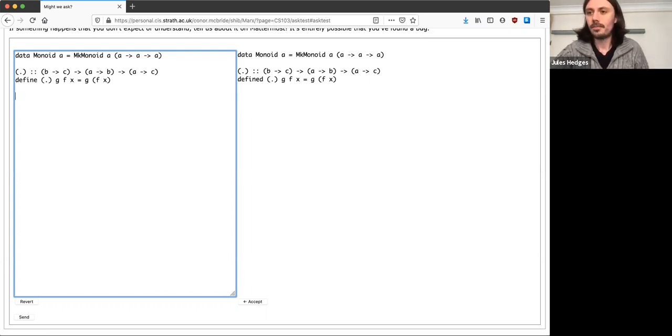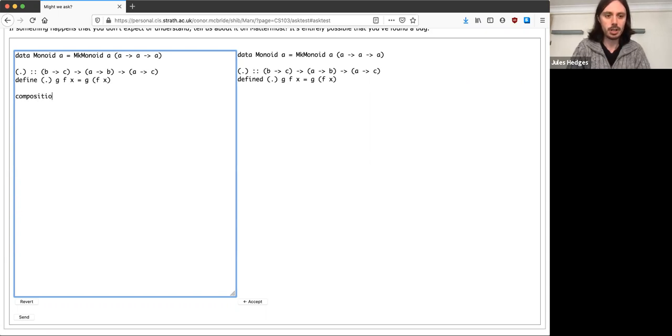Okay, so this operator is quite useful in functional programming because it's useful in conjunction with functions like map and filter, which take a function as one of their inputs. So what we're going to do is make a monoid with the function composition operator as its operation. We can do this for functions that have the same input and output type.